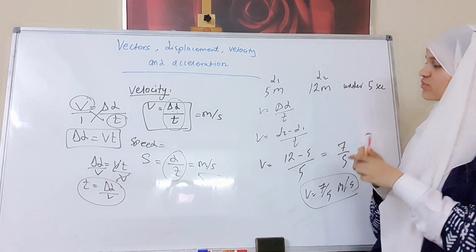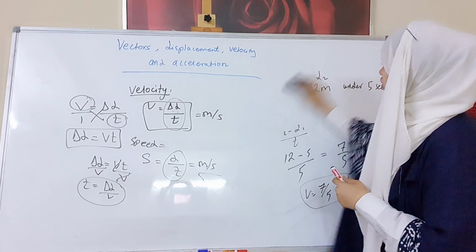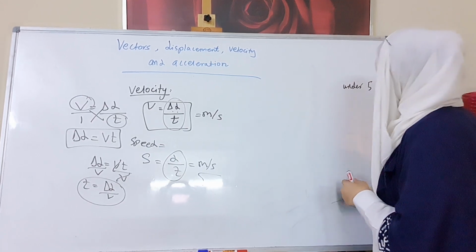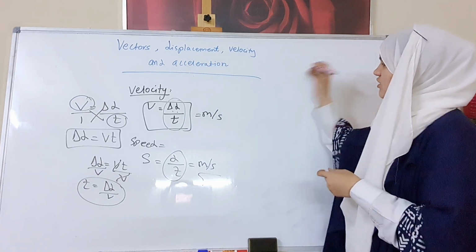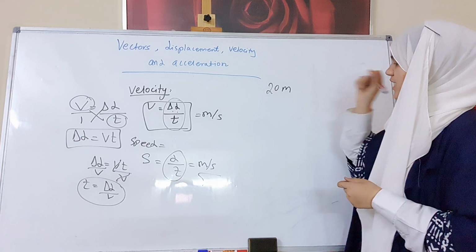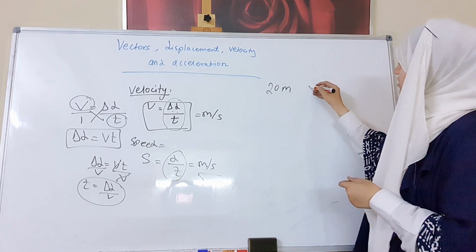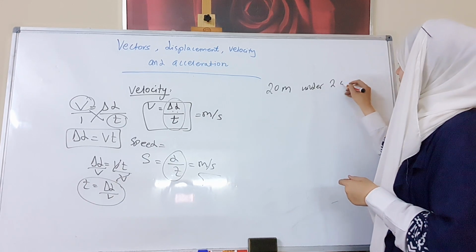Okay, and it's the same thing with speed, but instead of a change of displacement, we just have the distance. For example, a distance of 20 meters under 2 seconds.